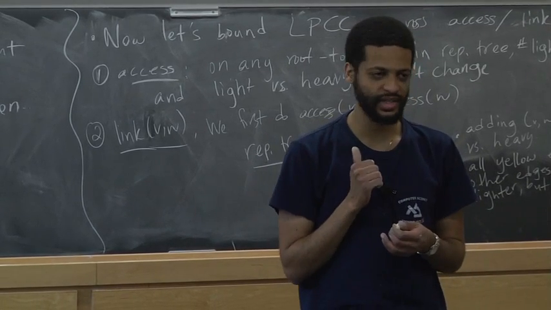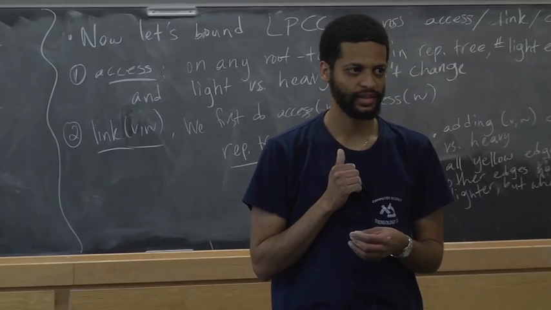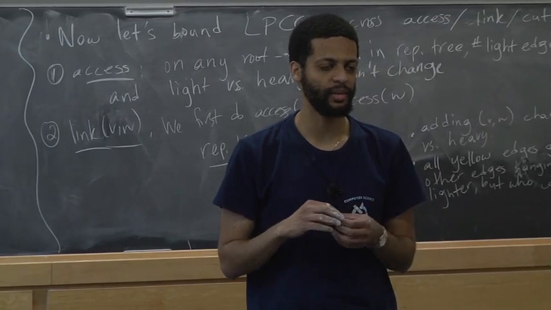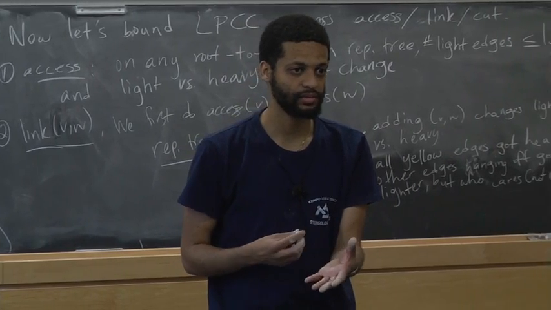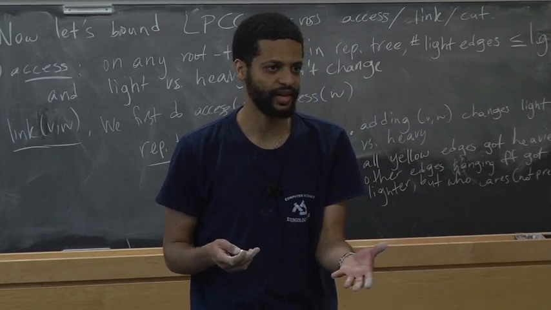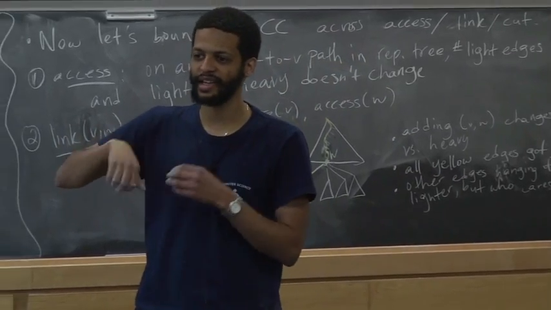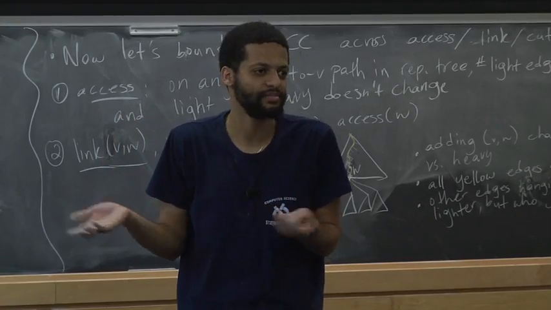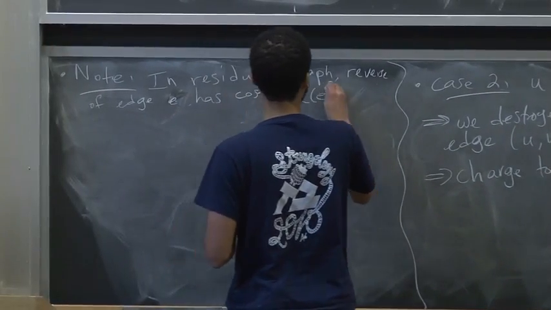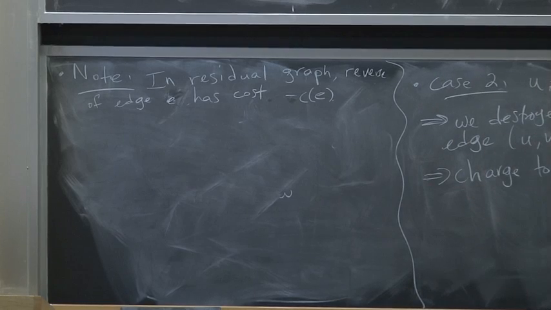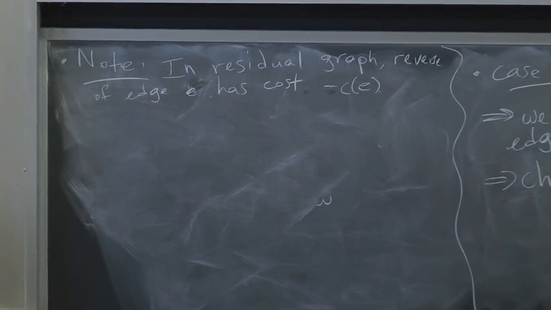But the reverse edge will also appear, with whatever amount of flow we're pushing on it, because we can send that flow back. But with what cost? Negative. Yes, because if you push that flow back, then you retrieve the cost that you paid. Just keep that in mind. It has cost minus C of E.